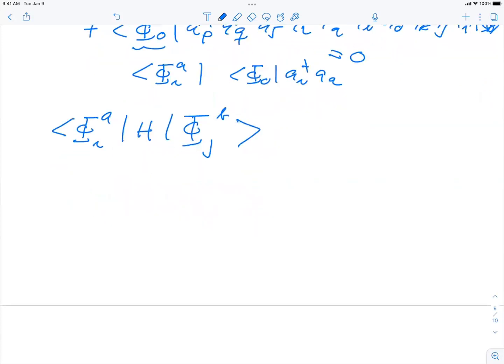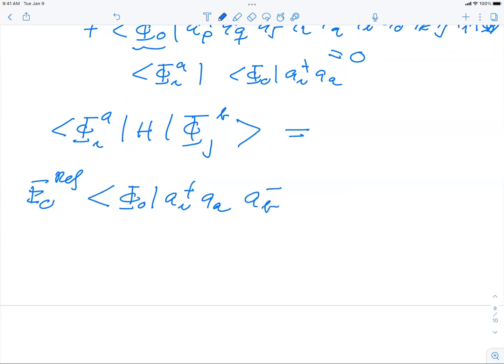Okay, so let's do this one. What we have now would be something like this. So phi 0, and then we have a_i dagger a_a, we have the reference term, and this is multiplied, sorry, by a_b dagger a_j on phi 0, so this is the vacuum state.